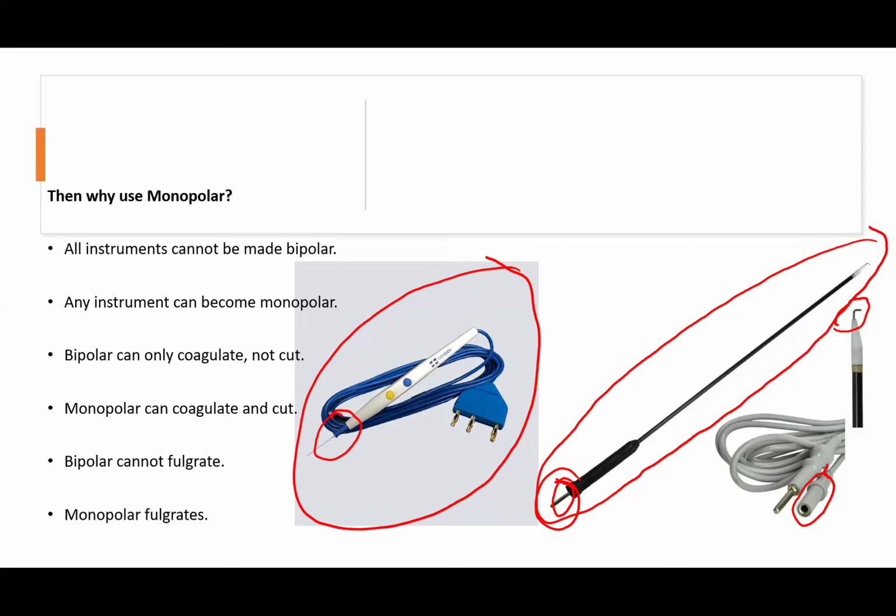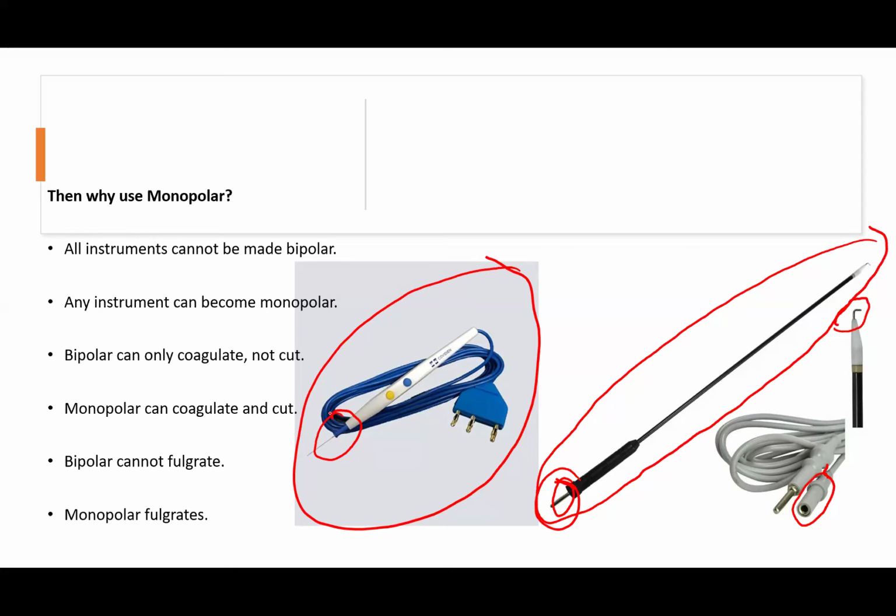Now, even with all these complications we mentioned, why do we still use monopolar instruments? Okay, because all instruments cannot be made bipolar. Any instrument can become monopolar.